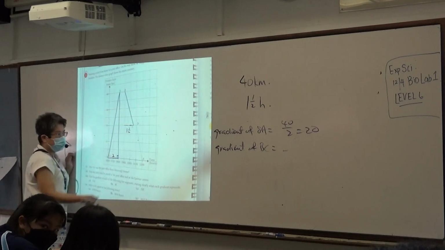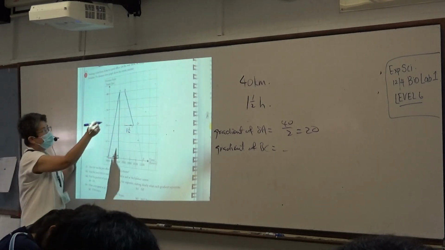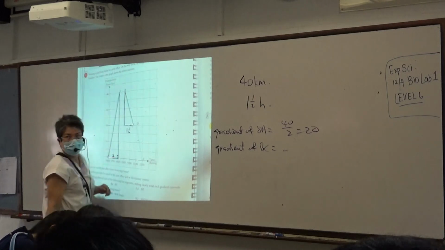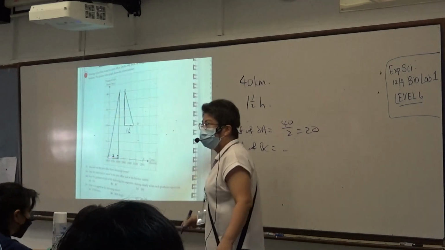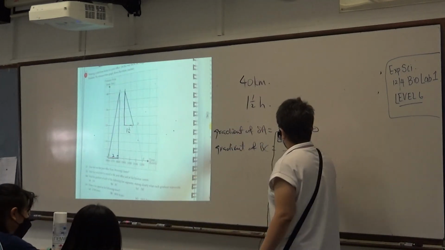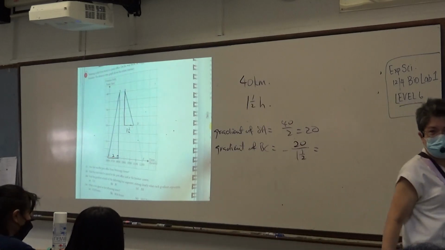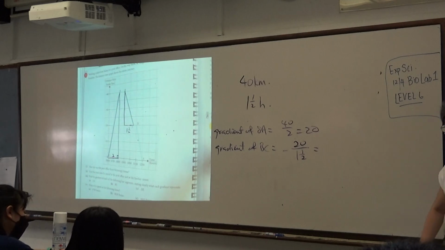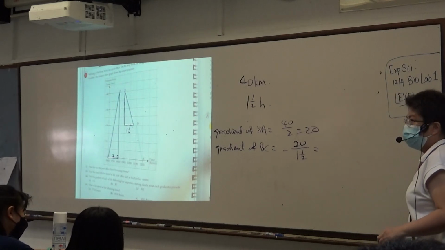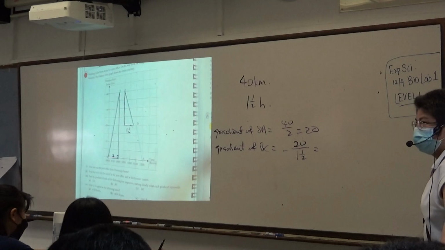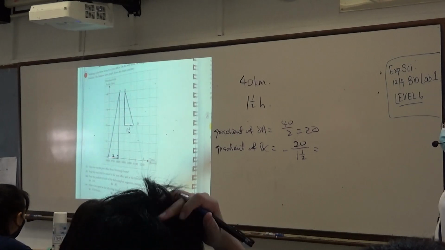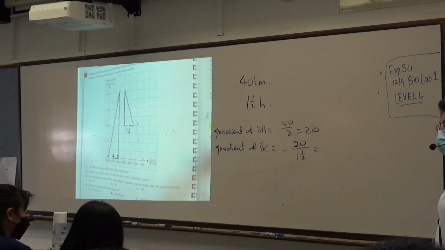Do you agree it's 1.5 hours? What is the distance here? How much is that? 20? So, 20 over 1.5. Okay, what's your answer? Give me in fraction. Use your calculator. 40 over 3, so it's 16 2/3, is it correct?